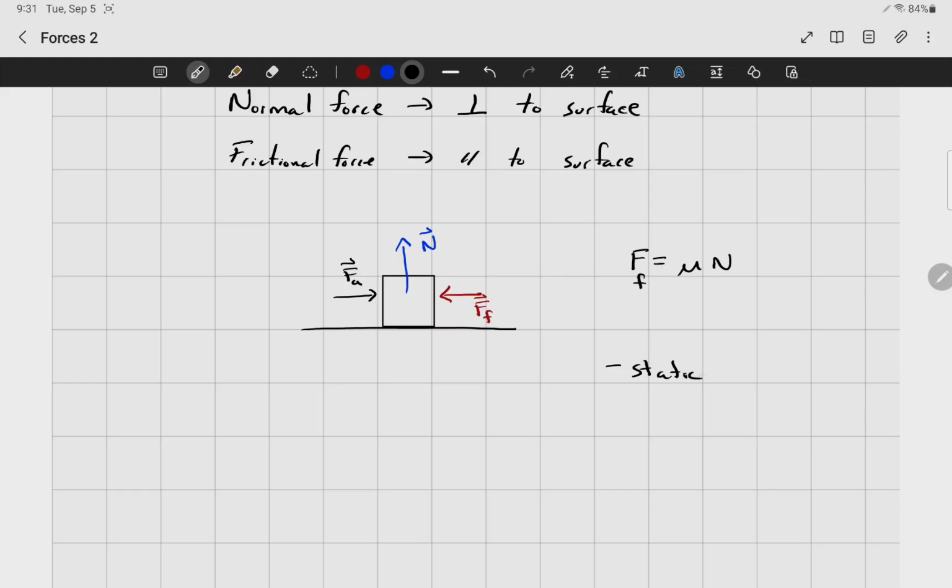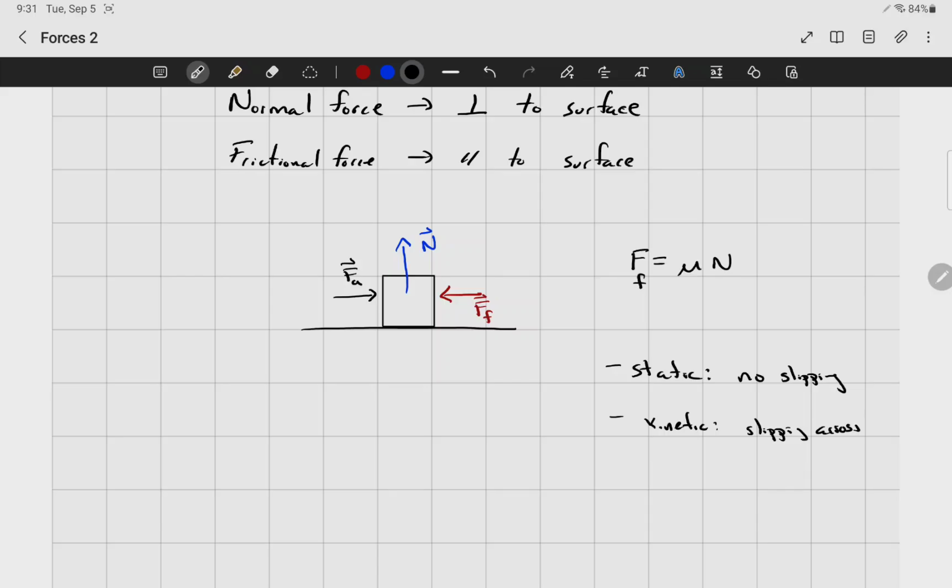We might have the static frictional force, and we might have the kinetic frictional force. In the static frictional force, there's no slipping between the two surfaces, and in the kinetic frictional force, the object is slipping across the surface.